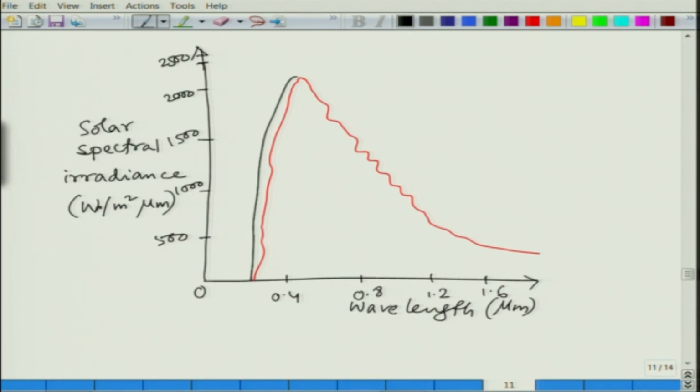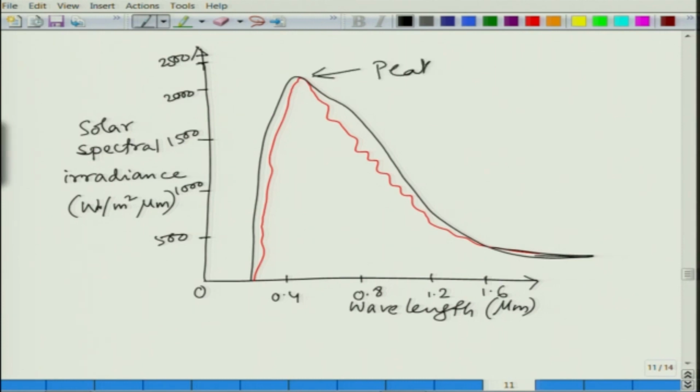Again, in the infrared range it closely matches, and in the other range it does not match exactly, but it closely matches, particularly the peak value.